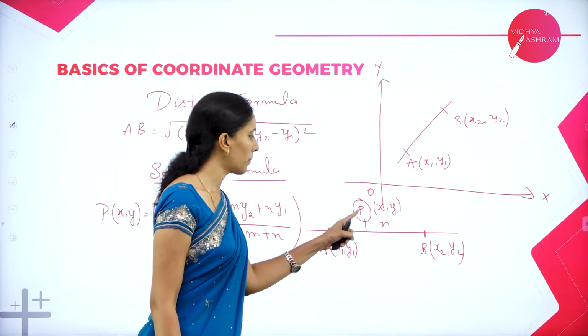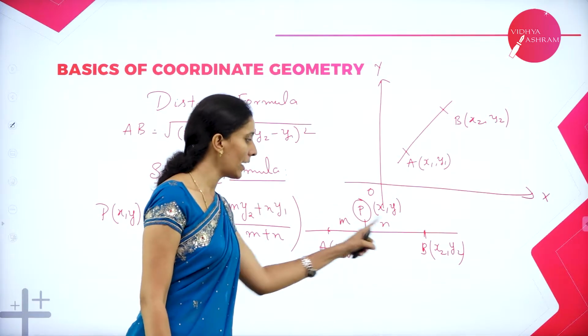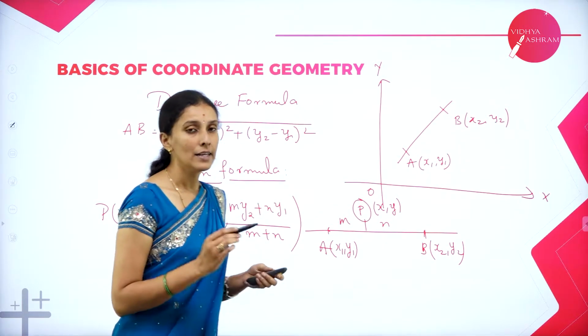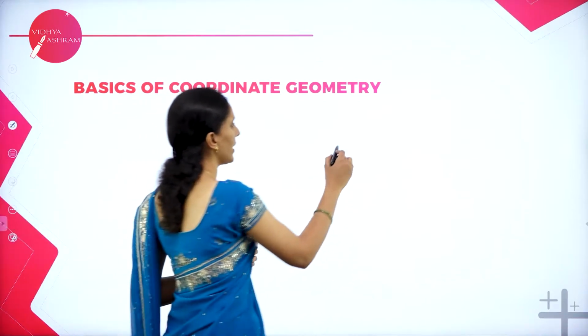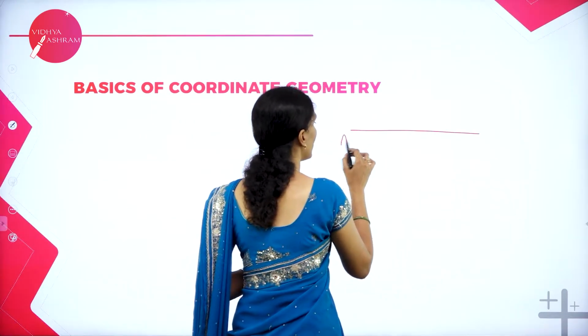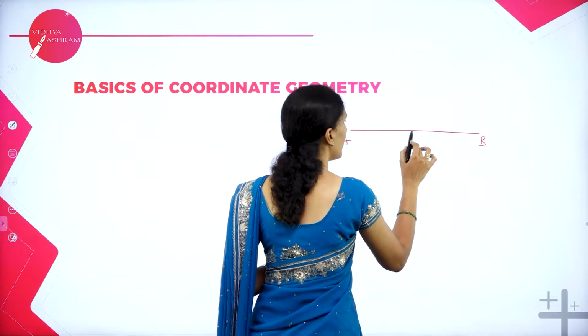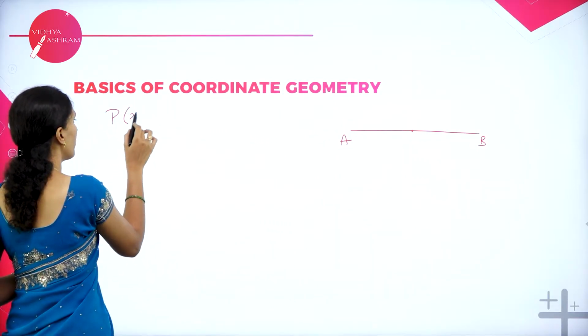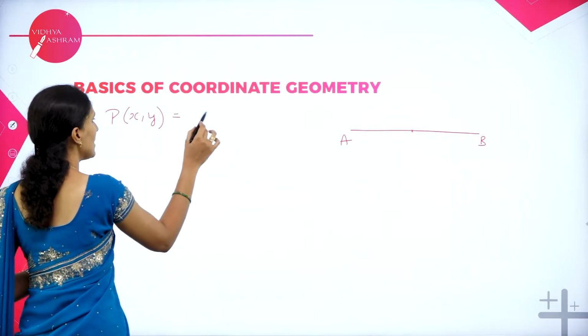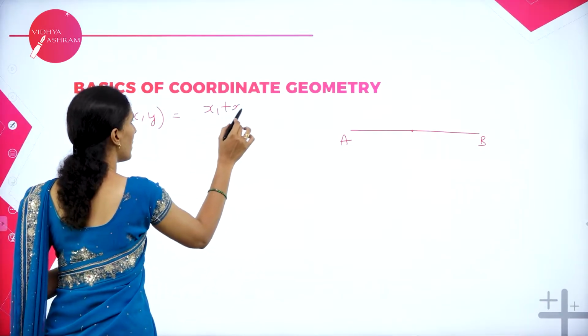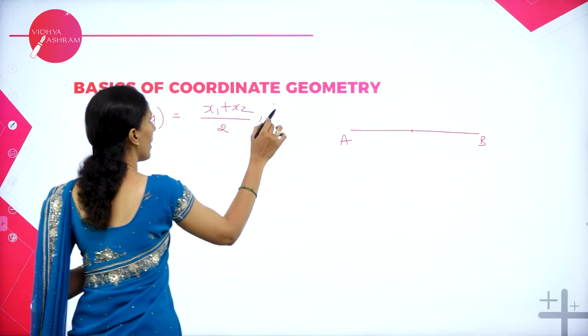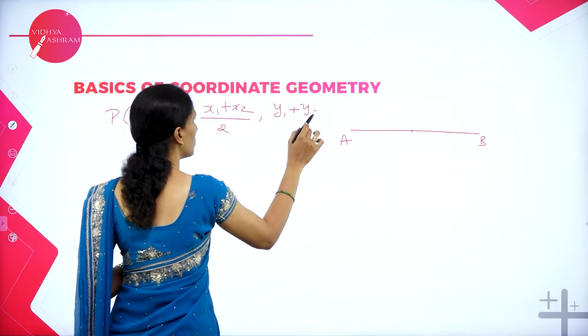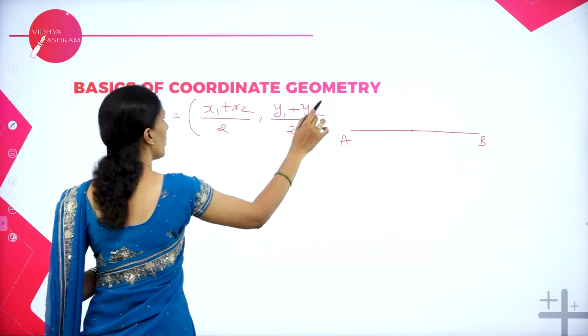Here we have the point which divides the line AB in the ratio m:n. Suppose if the point exactly divides the line in the middle, that is the midpoint, then we take the coordinates of x, y as (x1 plus x2) by 2, (y1 plus y2) by 2, because the ratio is the same.